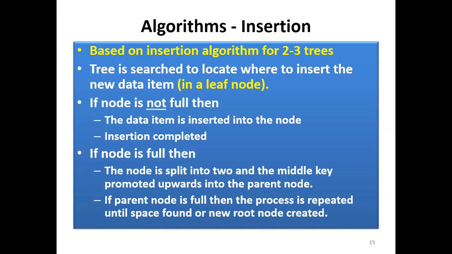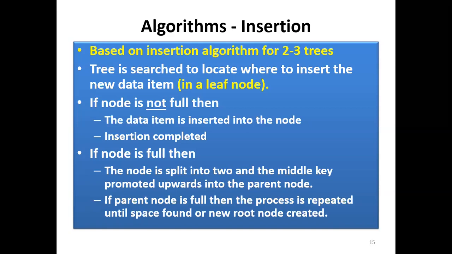Then there is a condition: if the node is full or not. If the node where the data item needs to be inserted is not full, then we insert the item and complete our operation there.